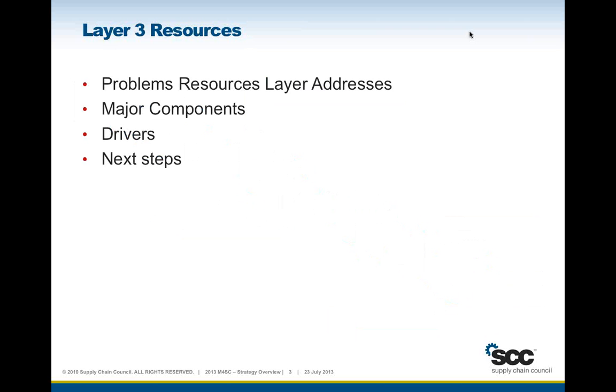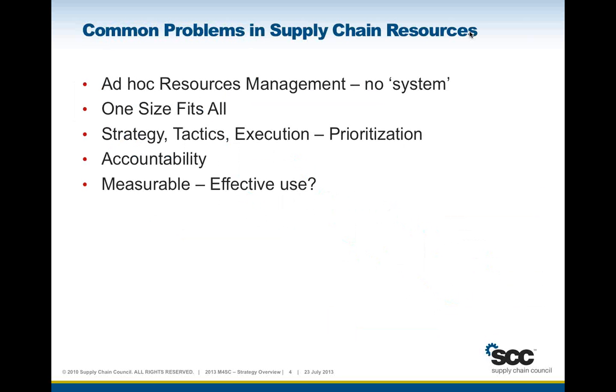And as Melinda highlighted, there are less components in the resources layer today than there are, for example, in strategy or network. So there's only 6 of those that we'll be talking about today. Some of the drivers around what influences these processes or these components, and then we'll talk a little bit more about next steps, and that we'll also look at some of the volunteering opportunities.